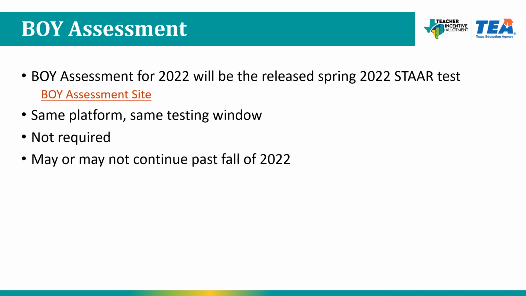So it's been changed. It's not going to be a unique test anymore. It will be the same test released in spring of 2022. I just wanted to bring that up as kind of an FYI, and I don't think it's going to affect too many districts, as the end user is really not going to know the difference, but I did want to flag it for you at this time.